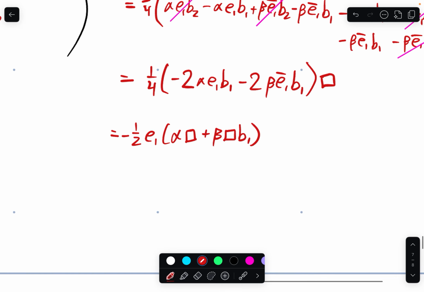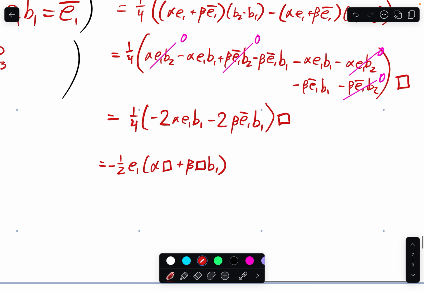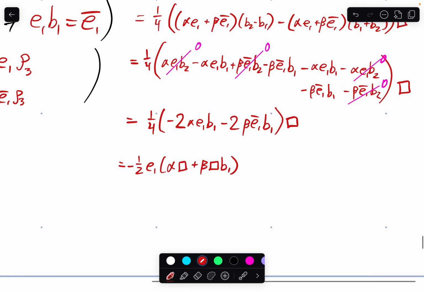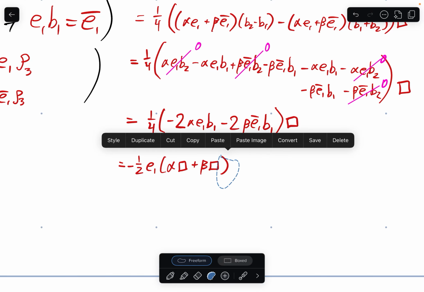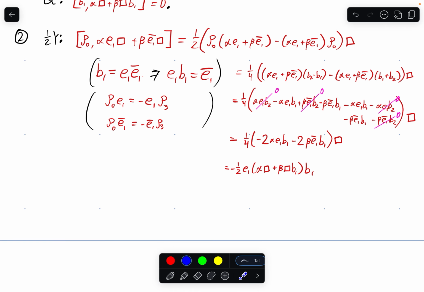Yeah, it was. Oh, I see. Yeah. I should have B1 here. Okay. It's there. B1, and then there's going to be a B1 out here. And this implies that the eigenvalue is minus 1/2.